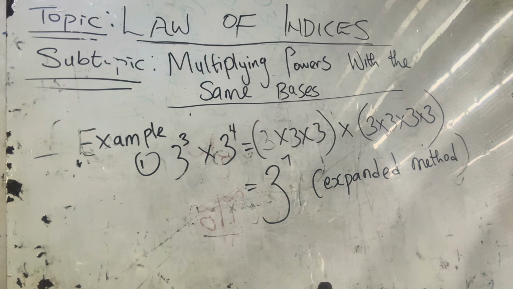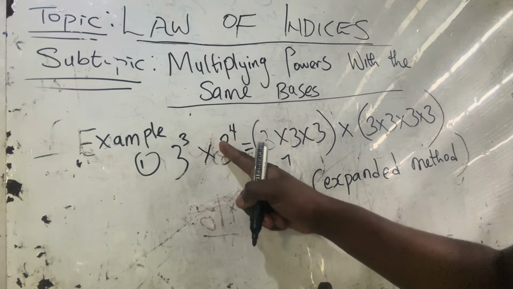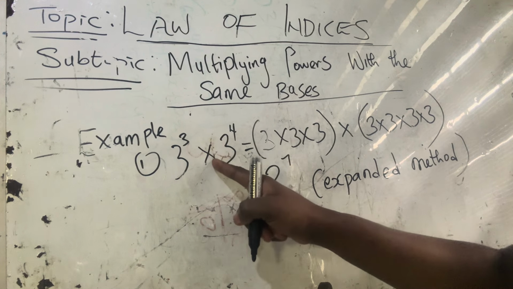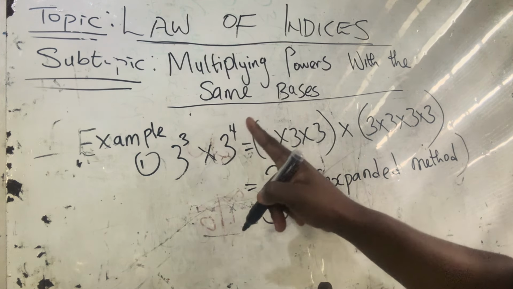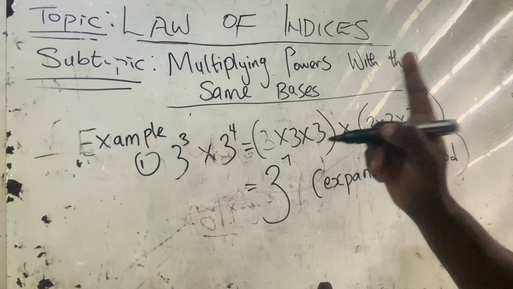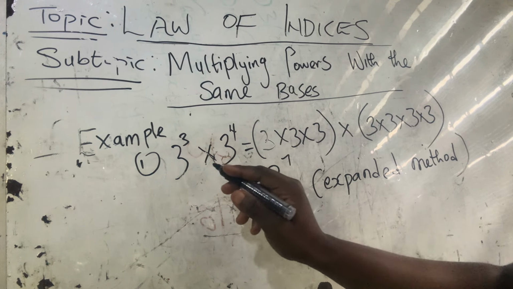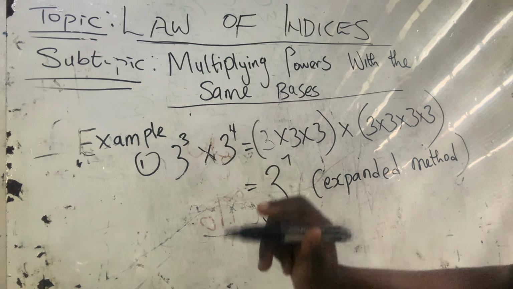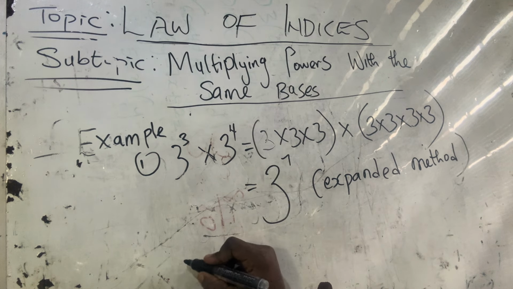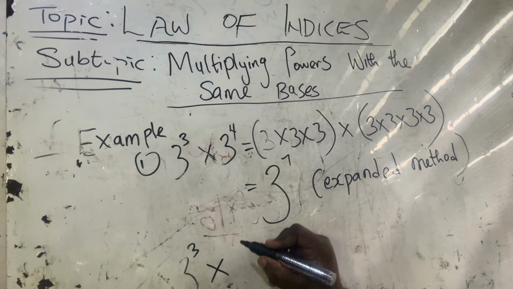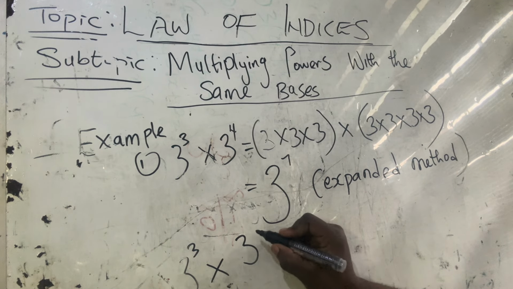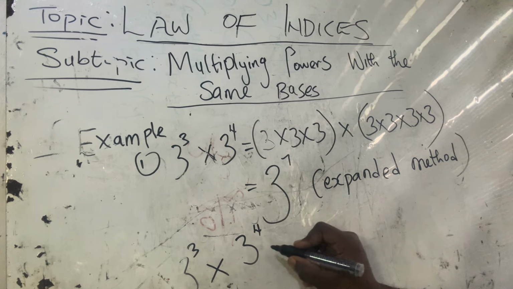Now there are rules under law of indices. When we have a multiplication sign, it means addition under law of indices. Now I'm still going to solve the same question using the short method. We still have 3 raised to power 3 multiplied by 3 raised to power 4 equals.